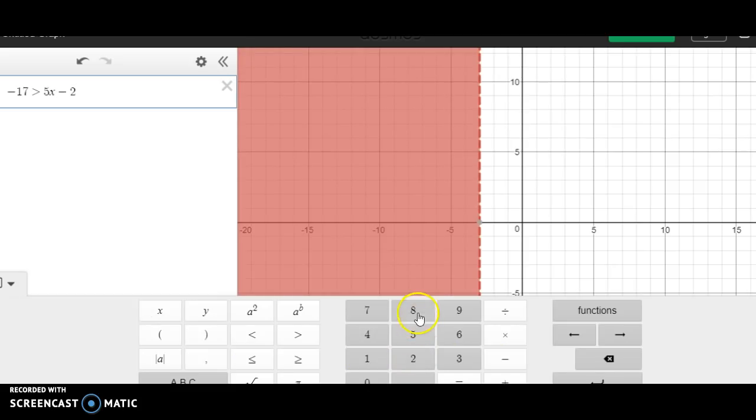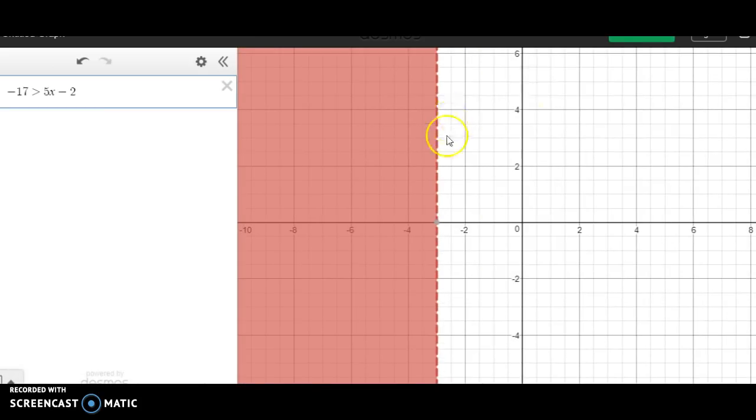And notice, if you want to zoom in, you can see it too. So there's negative 3, and you can even put the point there and it shows you. So it's less than negative 3 because of the dashed line, and all the solutions are over here.